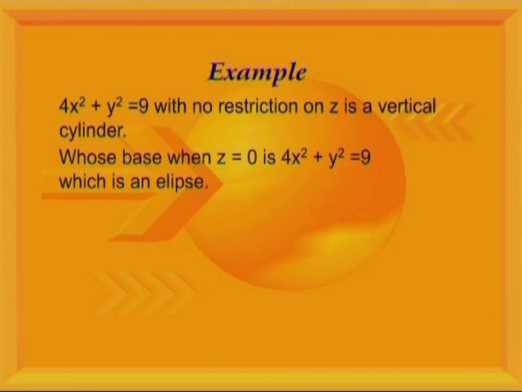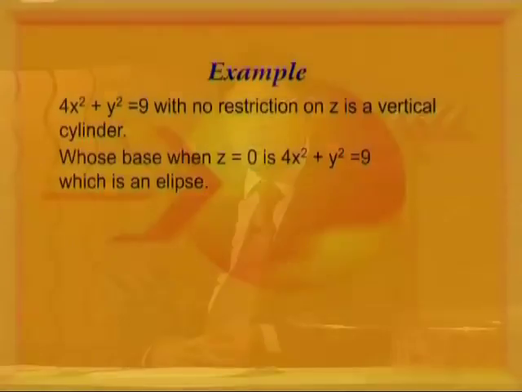As you know, this is an ellipse. The region is bounded by this ellipse, and the function to be integrated is z is equal to y plus 3. Now we find our limits.